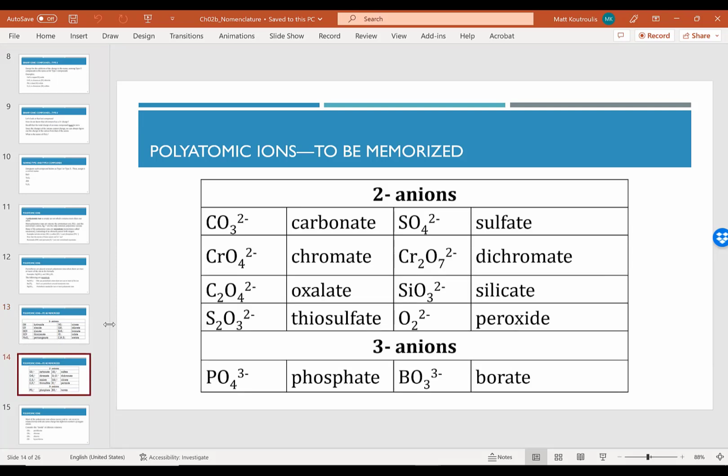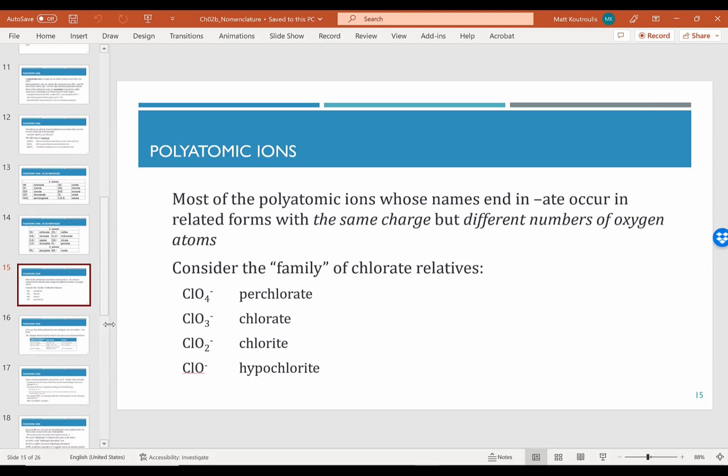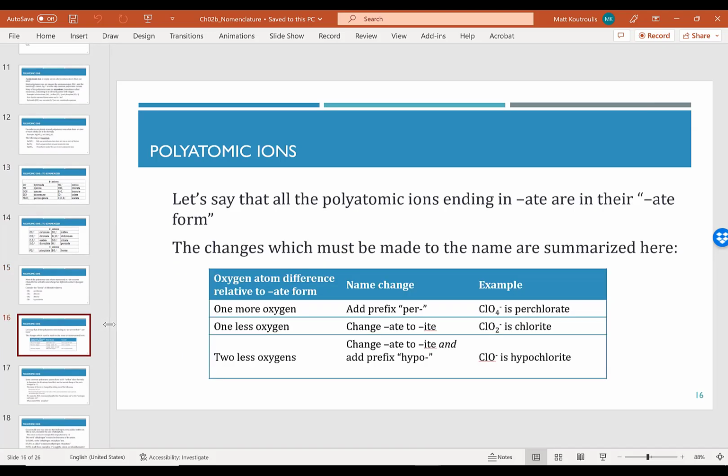So, good. As I said, I've never heard of manganate. Maybe it exists. Okay, so if you take the ate form, the ate form again is for the ones that end in ate, and if you add 1 oxygen, then you have to change the name to per in front of the ion.